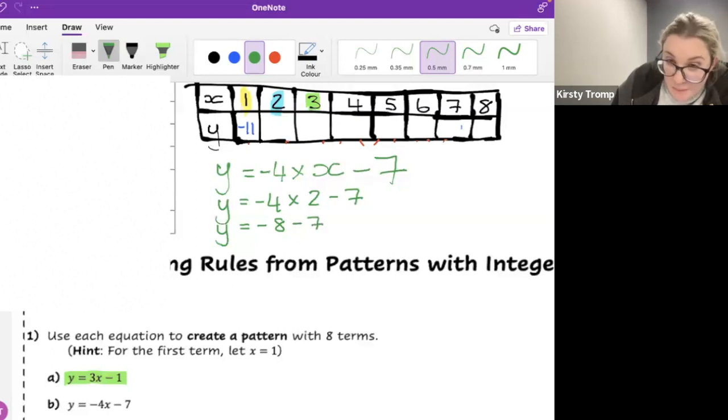I can go draw a number line and work out what's negative 8 minus 7. Y will be equal to negative 15. So here in my block, negative 15.